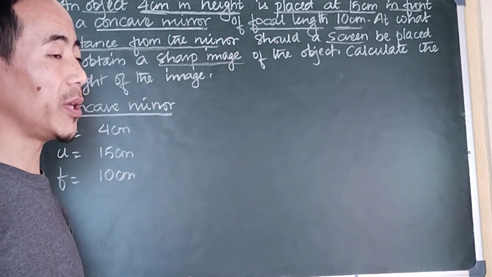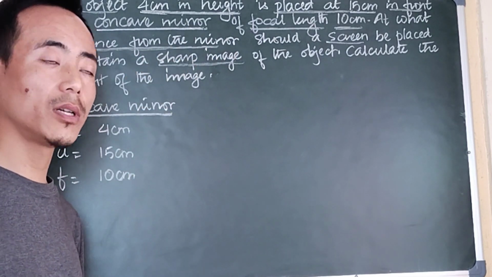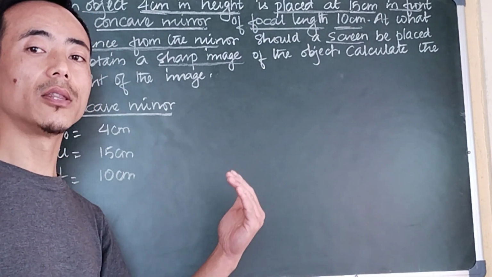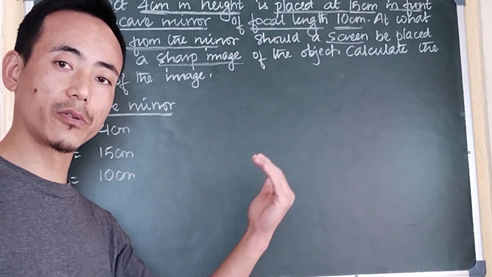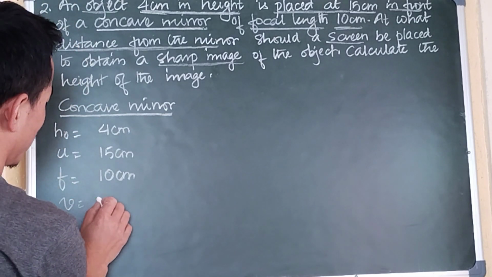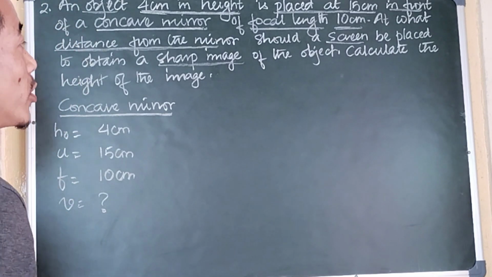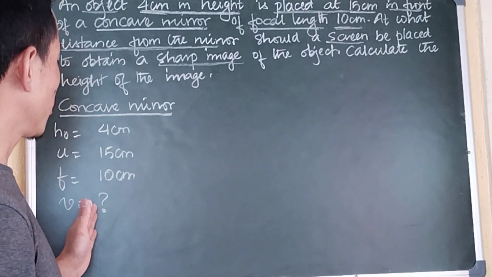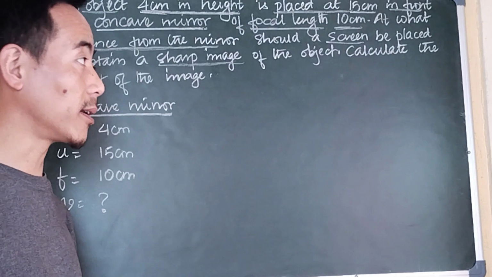There we have to place the screen. So what are we supposed to find out? The image distance, or position of the image, because we want the image on the screen. So we are required to find out the image distance. You have to read the question carefully and try to analyze and understand, then you can know what you have to find out exactly.